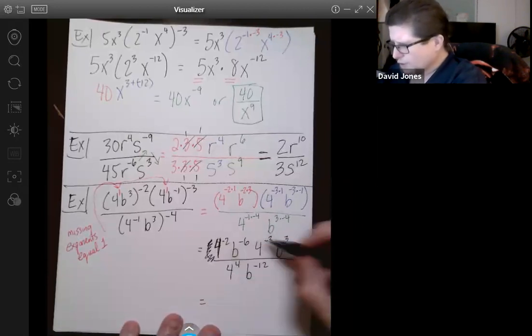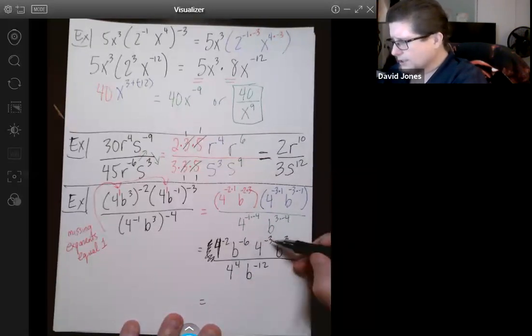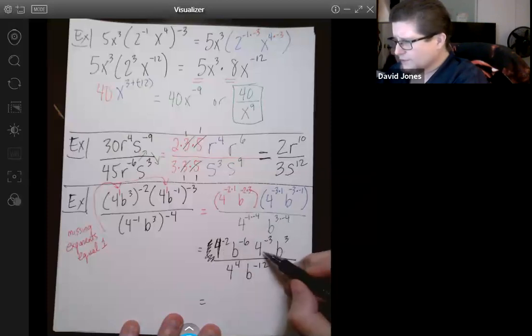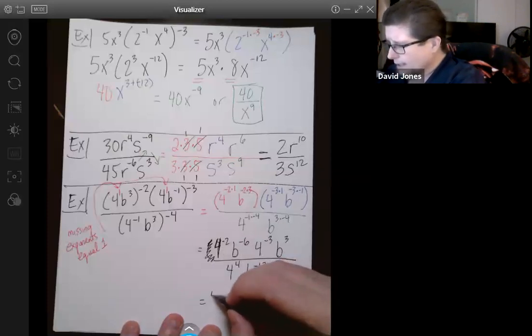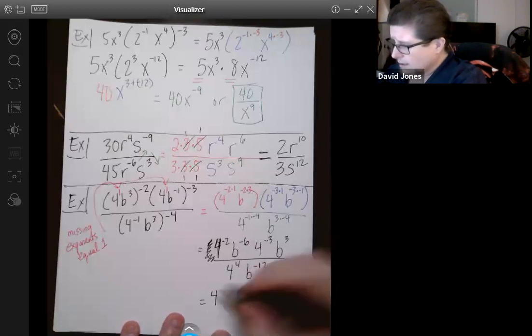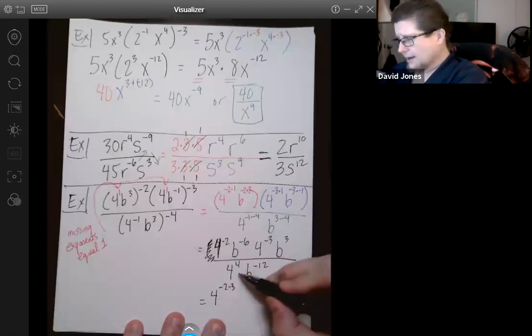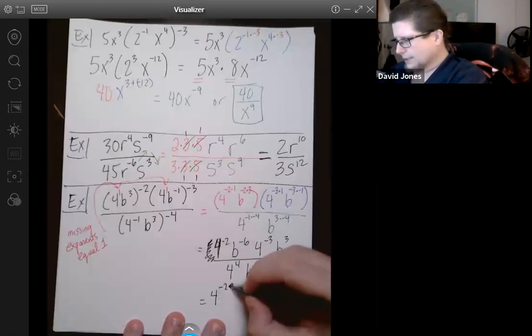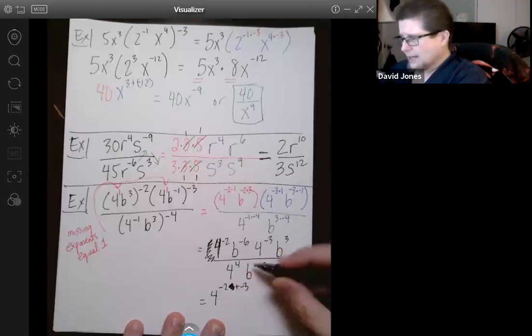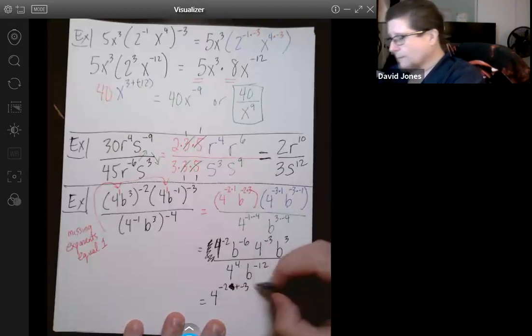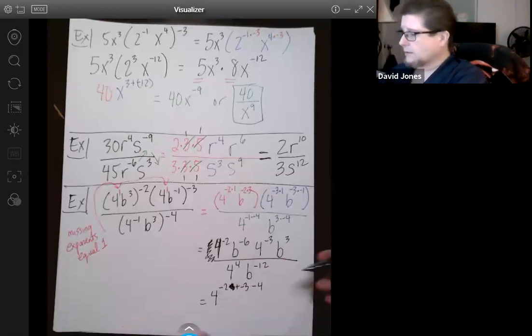All right, so I can deal with the 4s. The 4 to the negative 2 times 4 to the negative 3 is negative 2 minus 3, or maybe I should say plus negative 3. And then we subtract the exponent of the 4 on the bottom, so negative 4.